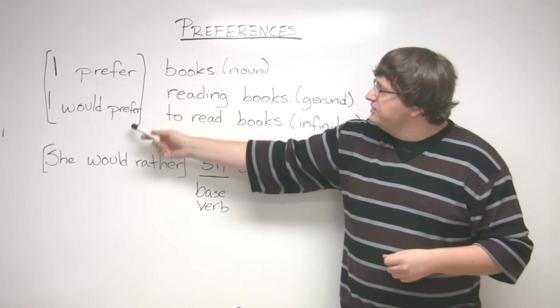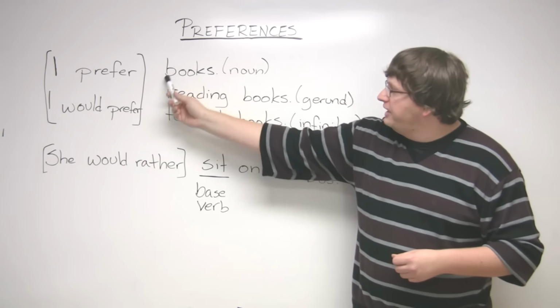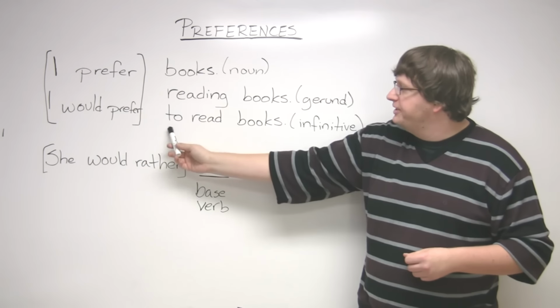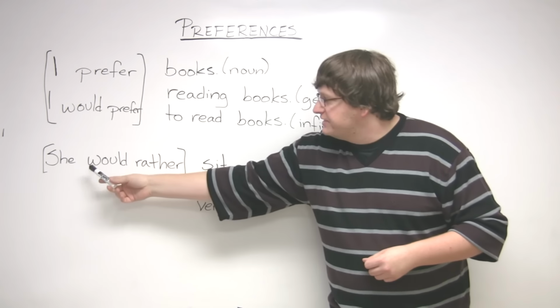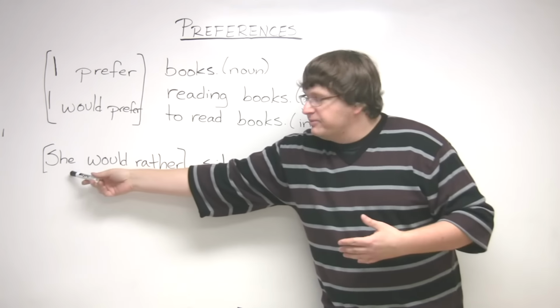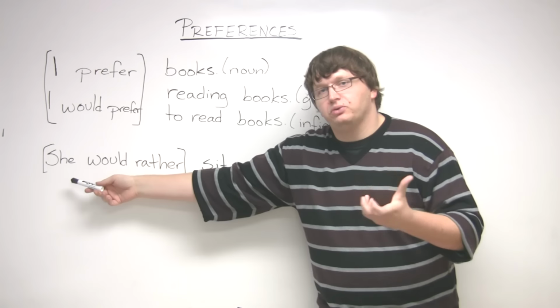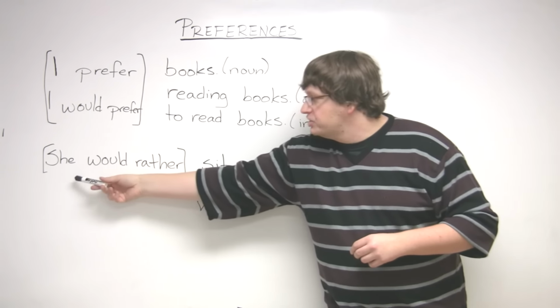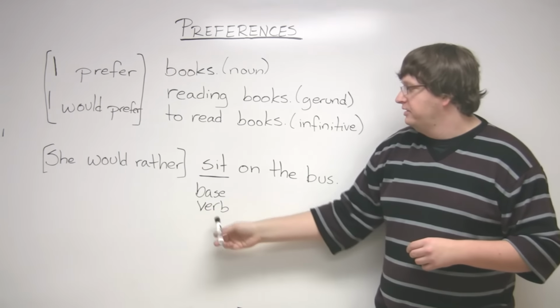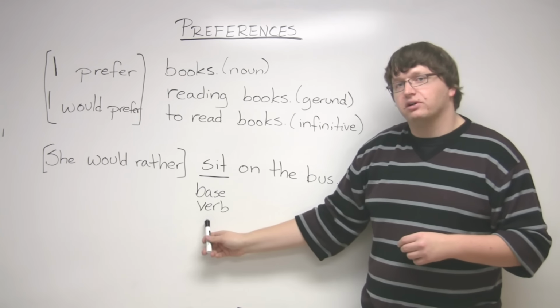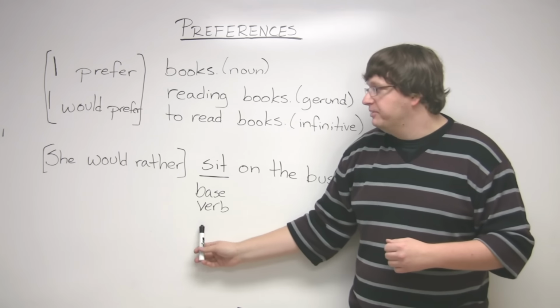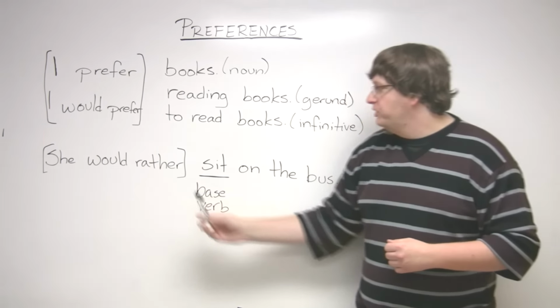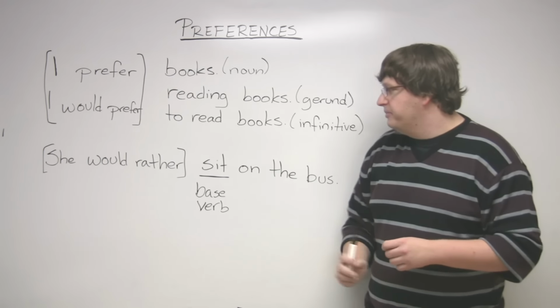Whereas here you can have I would prefer followed by a noun, a gerund, or an infinitive, here you have to say, again, the subject could be I, you, he, she, it, they, we. We're using she in this case. She would rather plus the base verb, always followed by the base verb. She would rather sit on the bus.